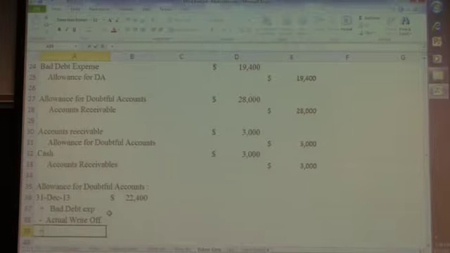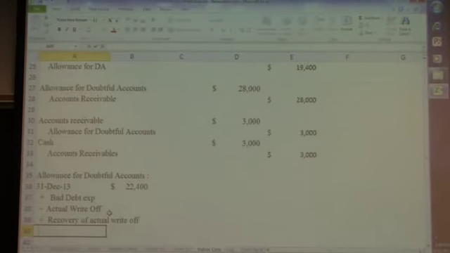And then I would be increasing the allowance by the recovery, and that would equal my ending balance of December 31st, 2014.